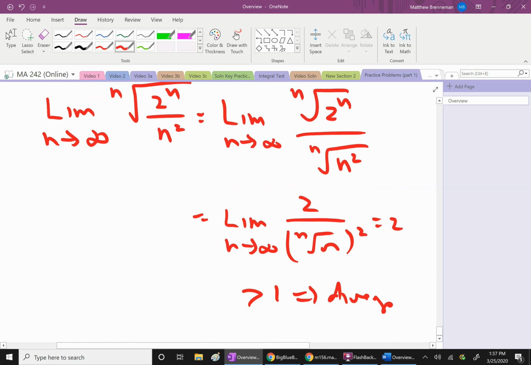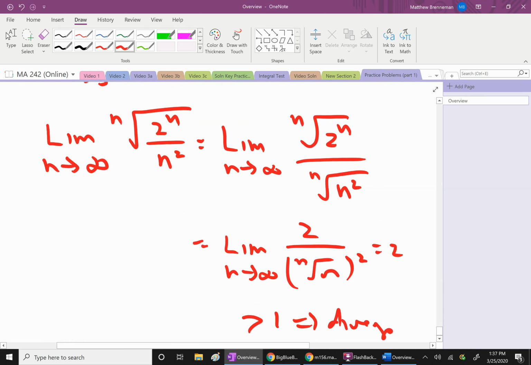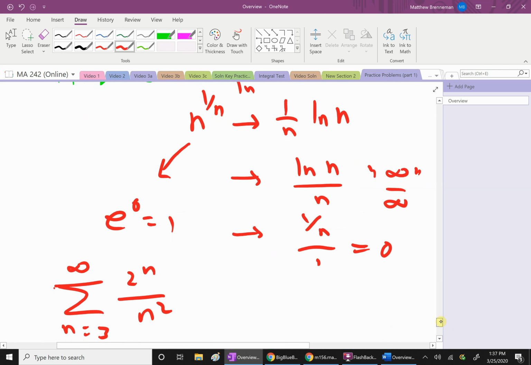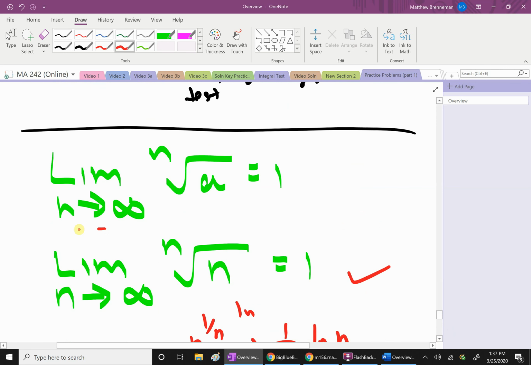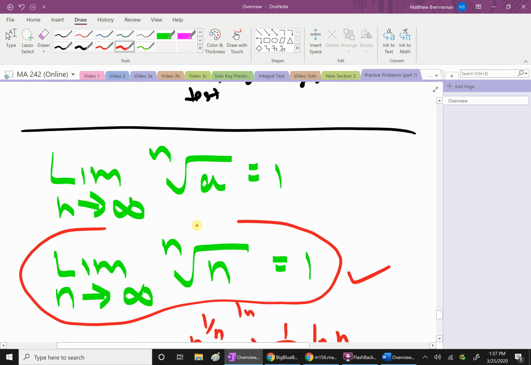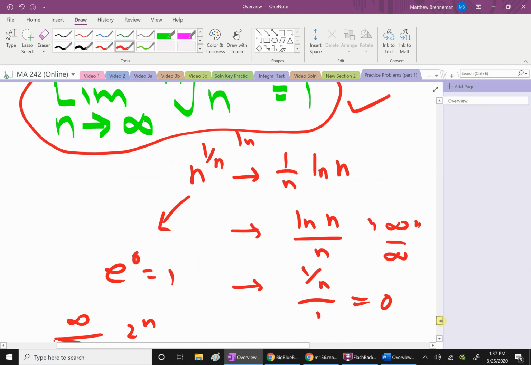By the root test, it diverges. However, to use the root test, and you might want to go back and think about the algebra behind this, you have to use this fact, which is not obvious to most Calculus 1 students. It was not obvious to me when I was a student. I could prove it with L'Hopital's, but I did not know it as a fact. But now you guys do.